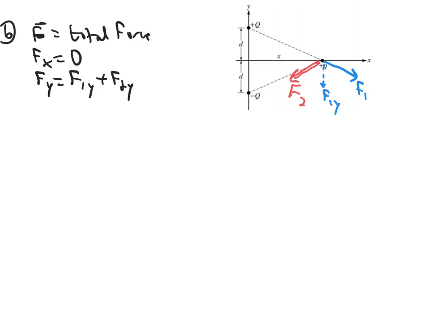But because they are the same distance away, whatever this distance is, I'm going to give it a name, which I'm going to call L. Then, since they're both a distance L away, and they have the same magnitude charges, we know that F1 equals F2.